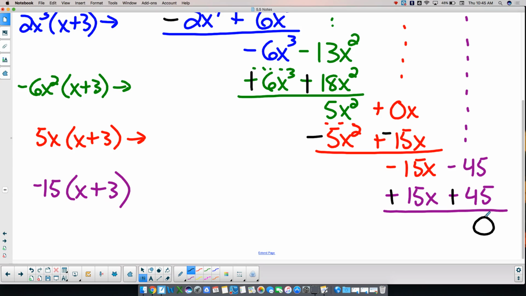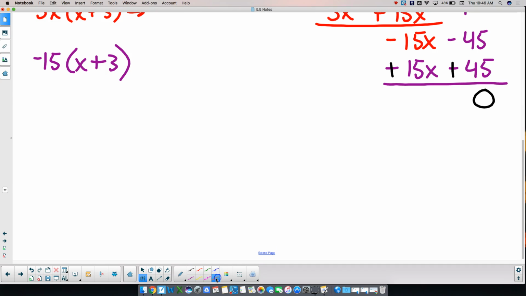Okay. So the answer here is 2x cubed minus 6x squared plus 5x minus 15. Right? Yes.